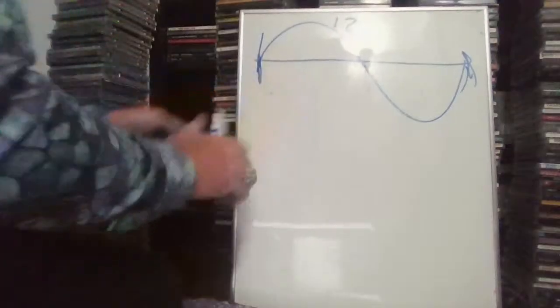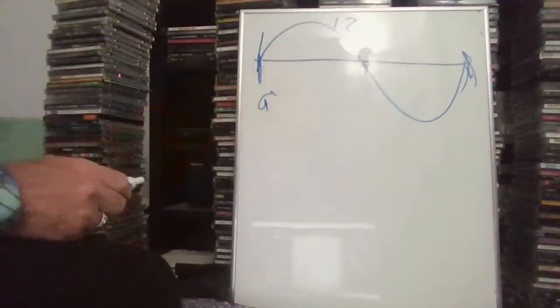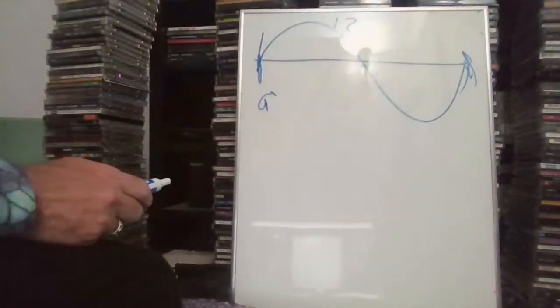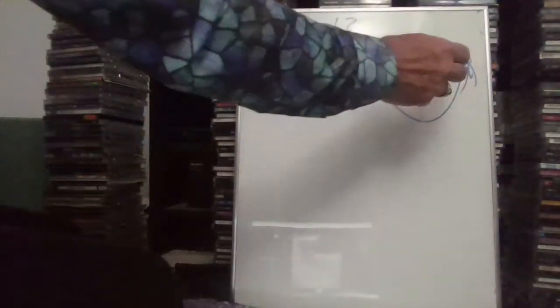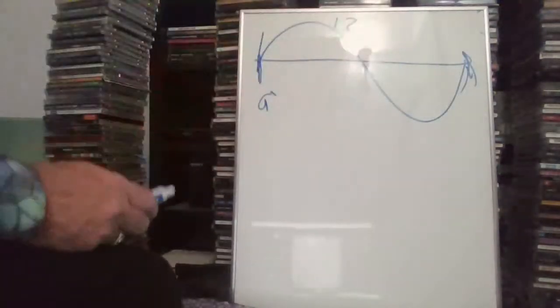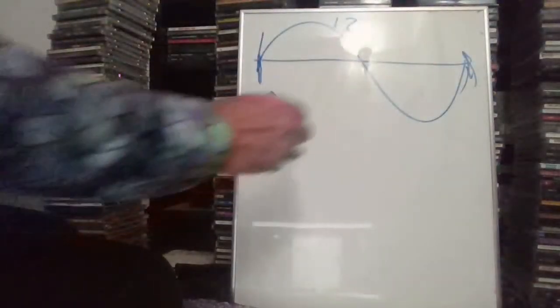But what happens in nature? Imagine that string there. This is the biggest period that this string can vibrate at because it's the longest it is.